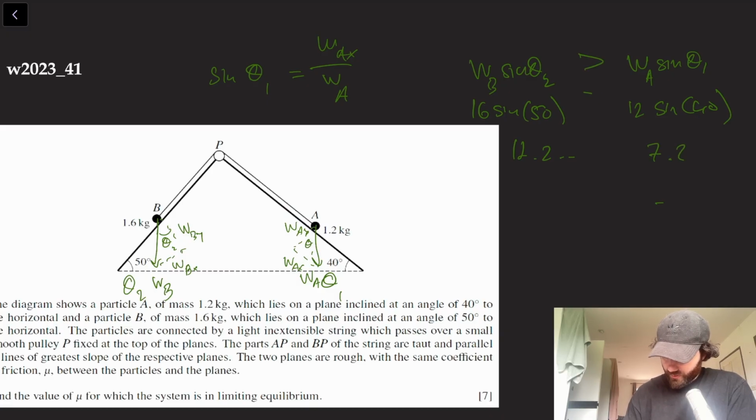So this is bigger than this. That means this is pulling more down here, has a greater force down, so the acceleration of this system is this way.